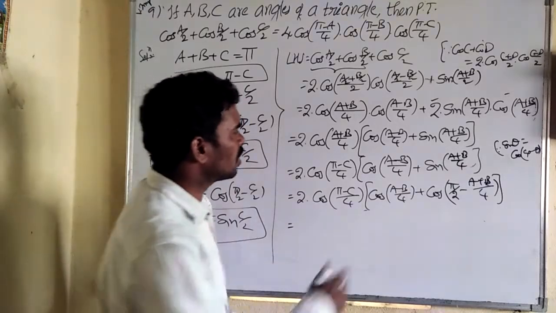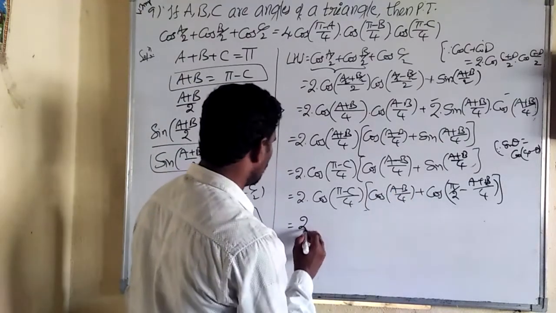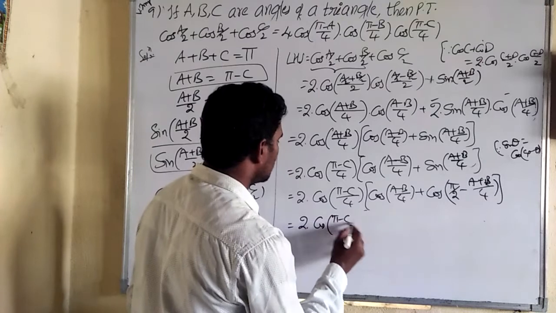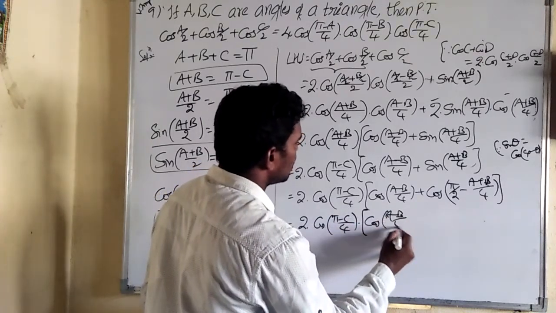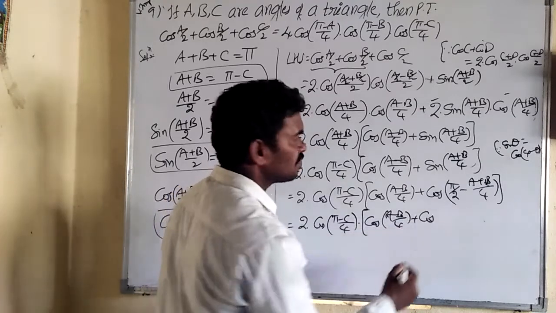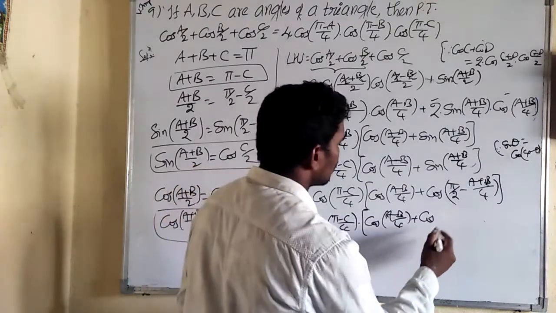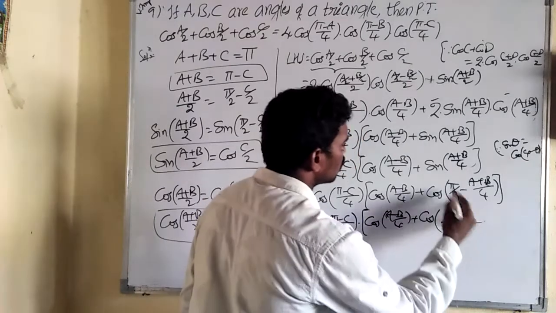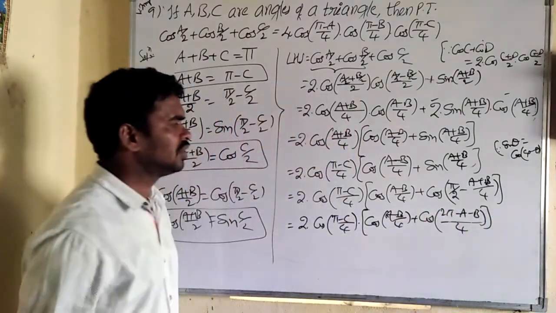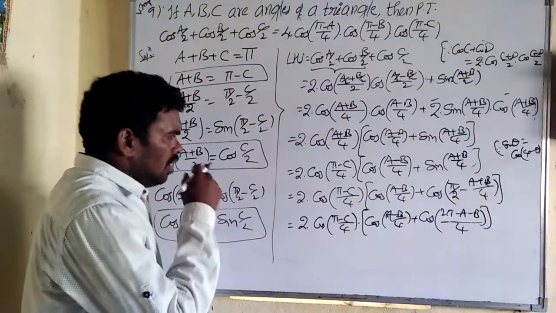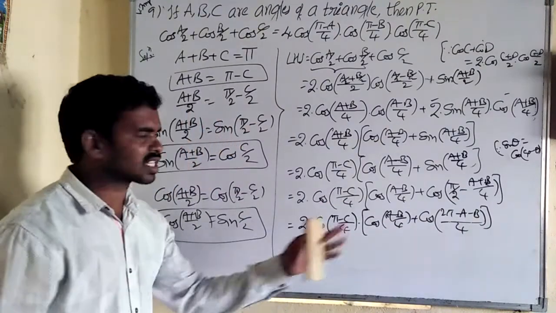So let's continue. Now cos c plus cos d. So 2 cos (pi minus c)/4 into cos of (a minus b)/4 plus cos of, okay, 4 is the LCM, 2 pi minus a minus b over 4. So finally cos c plus cos d means 2 cos.